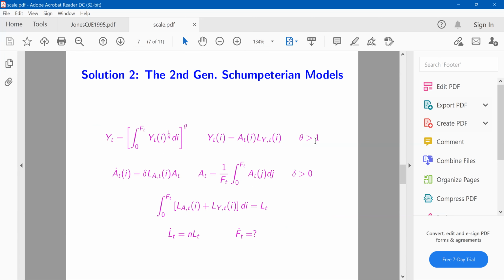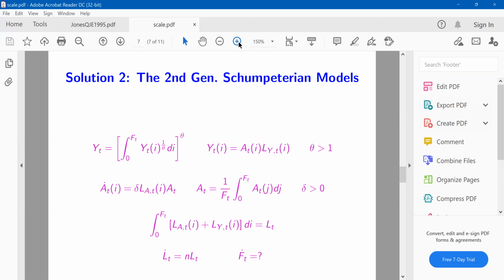So that's a very simple model, and we are not going to discuss the full general equilibrium solution of it, just to understand the mechanism of second generation models. So here there is this final good. Now this final good is produced by the services of the intermediate inputs. So these are different intermediate inputs. You may imagine that different firms are measured by F_t.